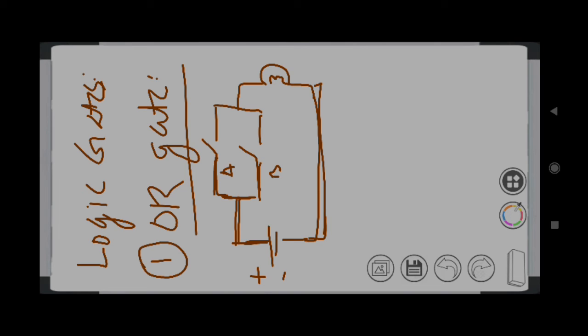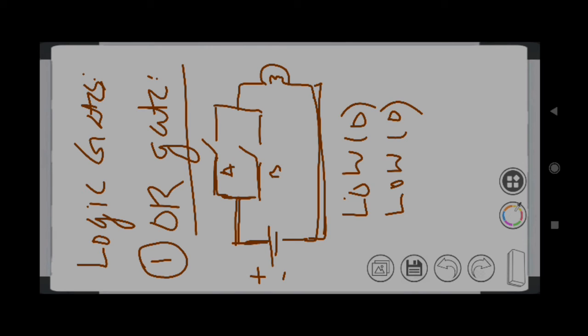Whenever the switches are open, this entire circuit becomes open. That means A is in the low state, B also is in the low state, that means the 0 state.